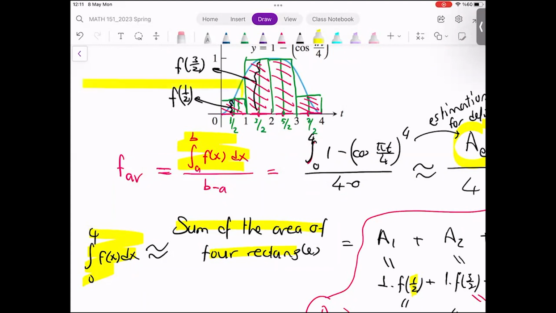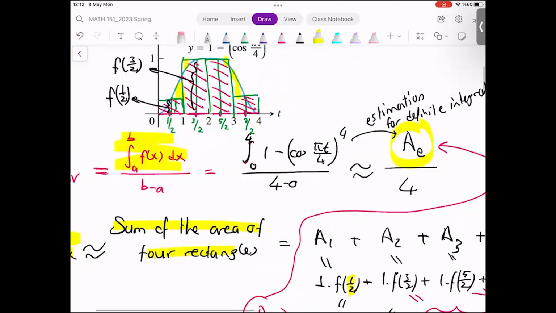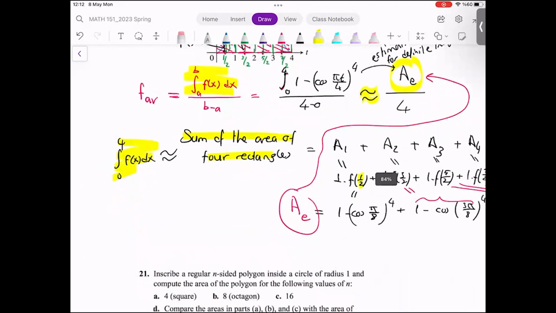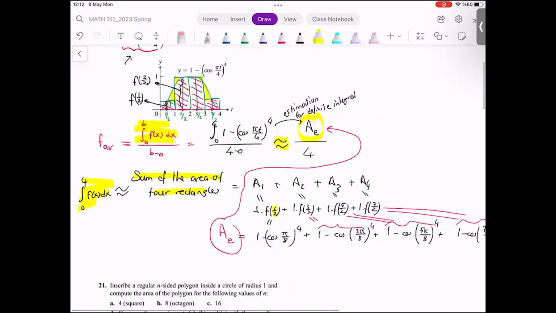For example, this is the error. The sum of those 4 rectangles is not the exact area under the curve, but approximately. That's why we put the approximating sign here, not an exact equal sign. If there are no questions about this part, I will continue with the next example.